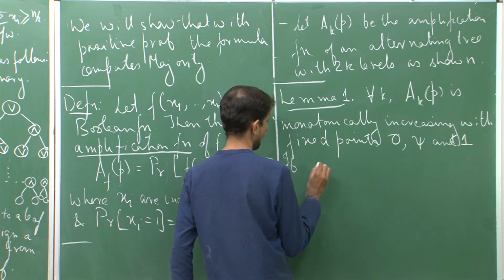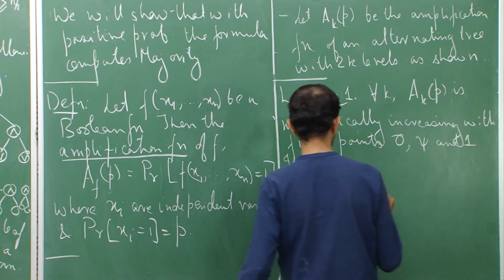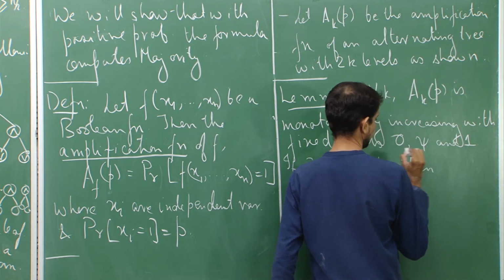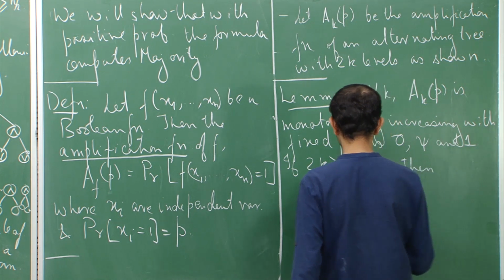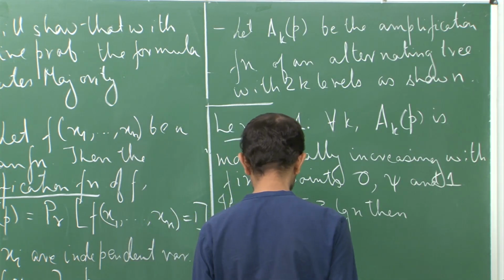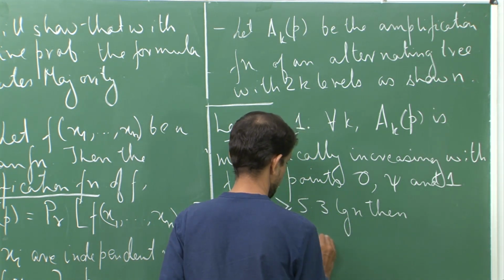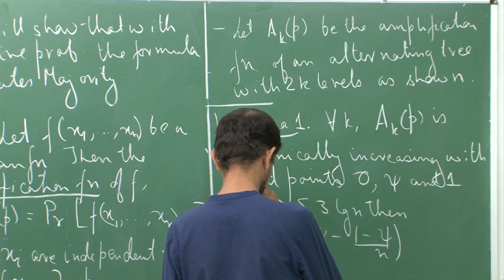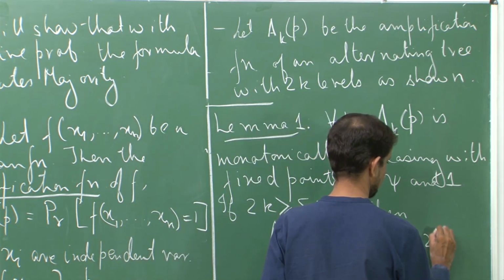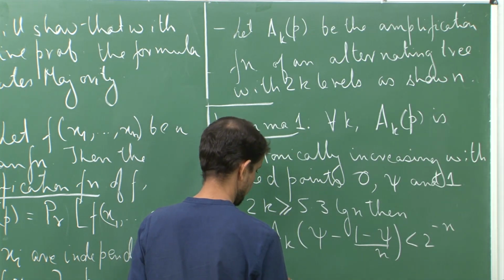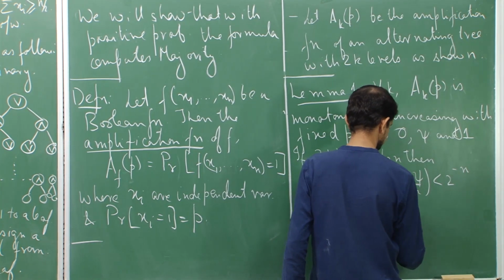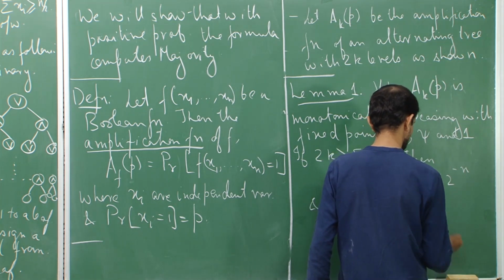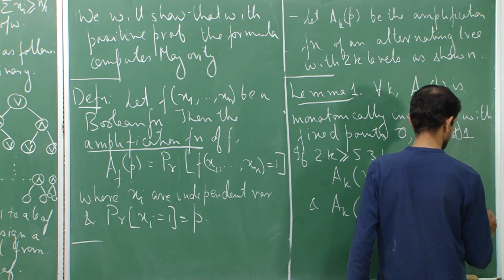And if 2k is greater than 5.3 log n, then A_k of psi minus (1 minus psi) over n is less than 2 to the power minus n, and A_k of psi plus (1 minus psi) over n is greater than 1 minus 2 to the power minus n.